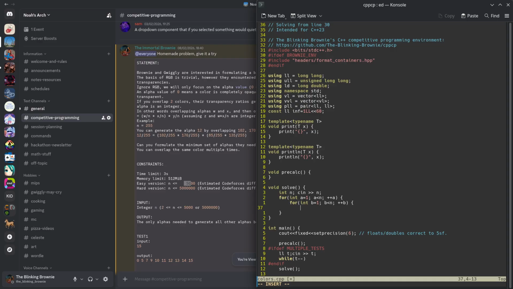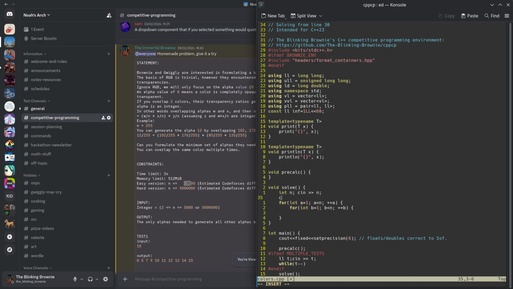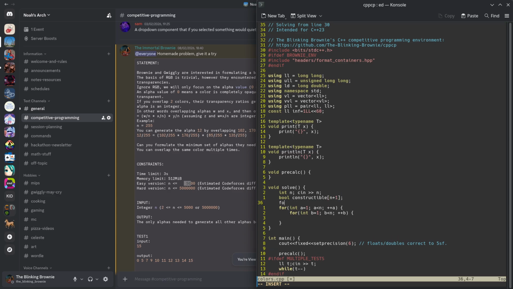And then let's make an array constructible, we set all to true.